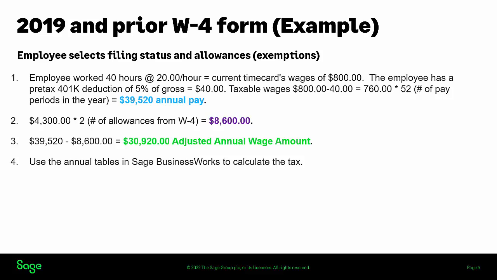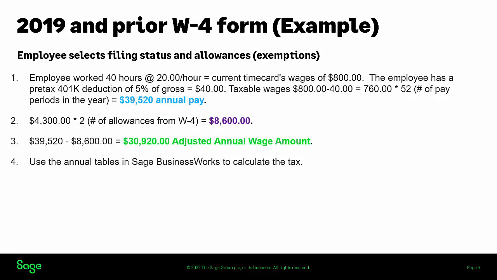We then take the $760 times 52, which is the number of weeks or pay periods in the year, and that equals $39,520 of annual pay. Our employee has selected 2 allowances on their W-4. We take that times the $4,300.